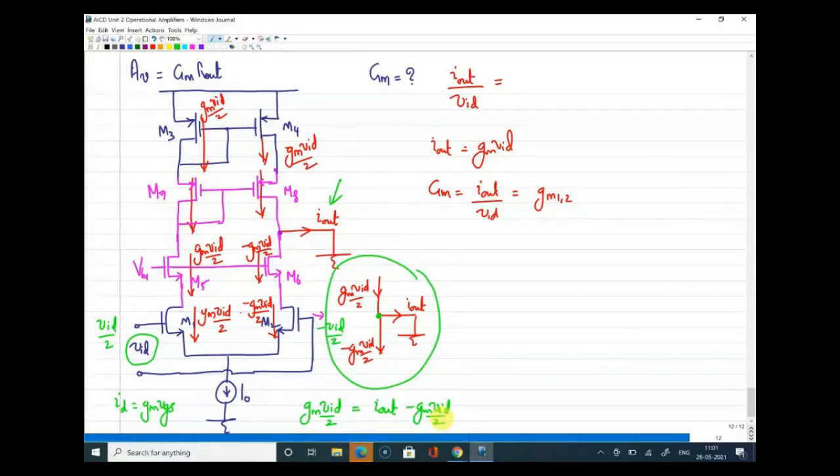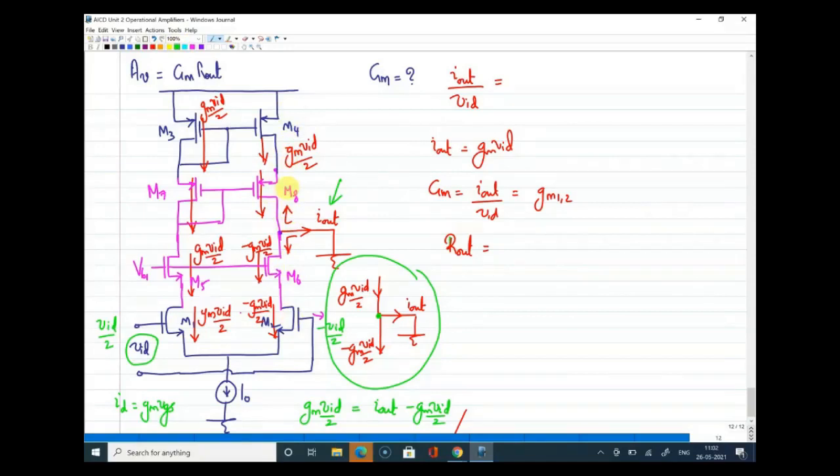So this is Gm. Similarly, how will you find R out? Let me finish that R out calculation also, and we'll come back. However we have done the output impedance calculation for a differential amplifier, in a similar way we can do. But since we have done that analysis once, I'm not doing it again. The only thing here is, looking down, we know that R02 will be improved by Gm6 R06, and looking up, we know that R04 will be improved by Gm8 R08.